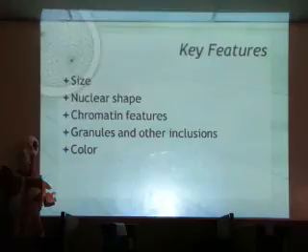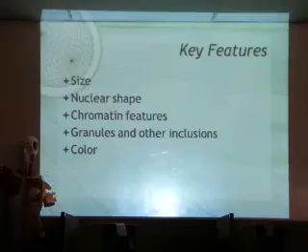And that's the kind of feature that we look at. Chromatin, the DNA strands that you can actually see inside the nucleus, is very, very important, especially if you're looking at precursor cells. We don't see a lot of precursors in circulation, but if you happen to tap into bone marrow and look at the cells right at the origin of the red cell or white cell production, you can actually see the precursor cells.